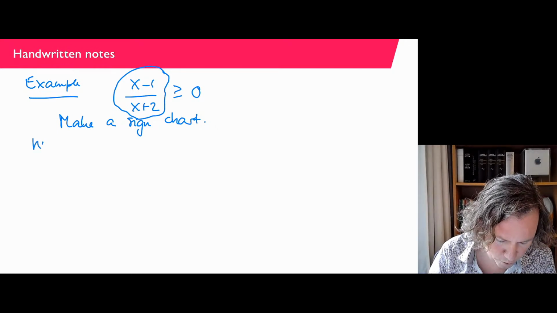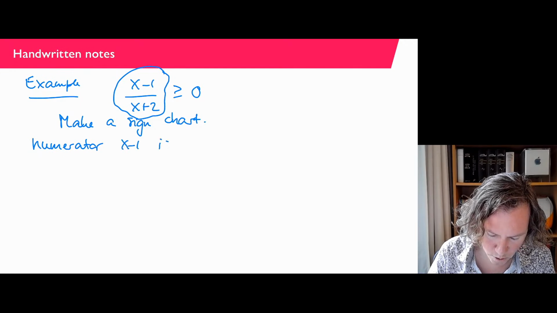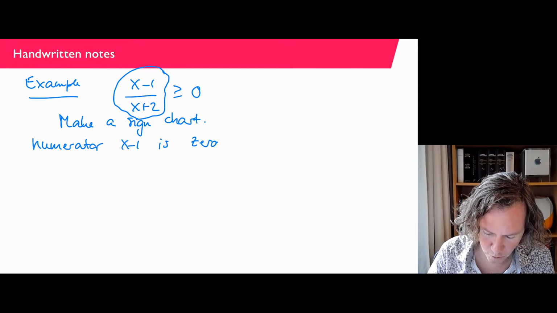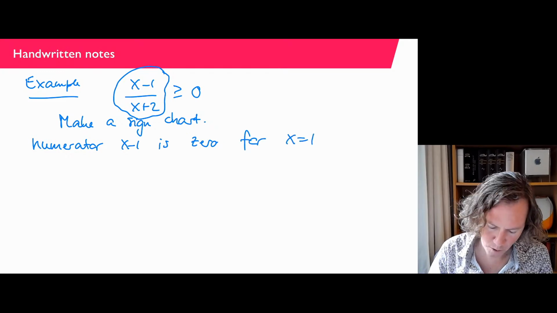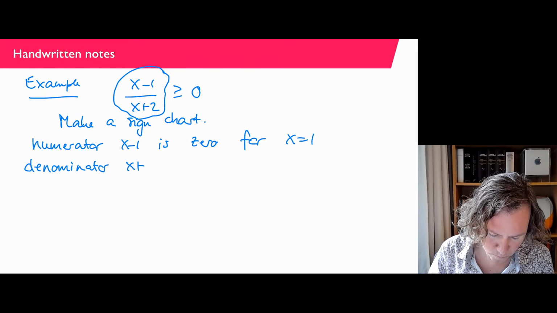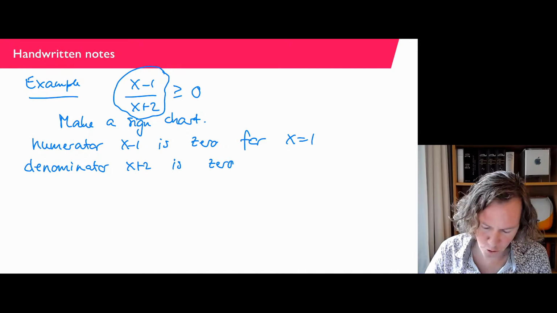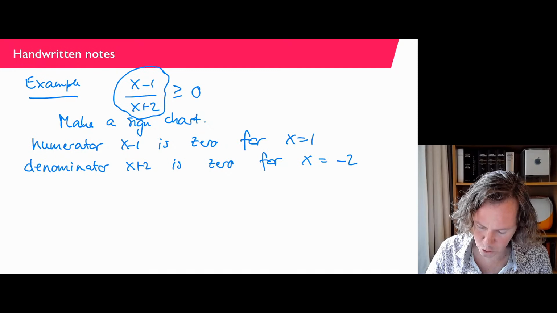So the numerator, that's x minus 1, is 0 for x equals 1. The denominator, that's x plus 2, is 0 for x equals minus 2.